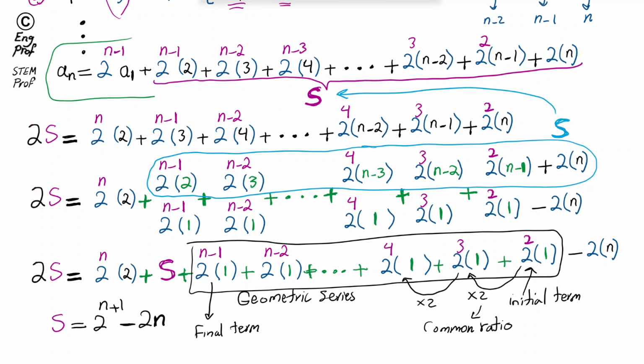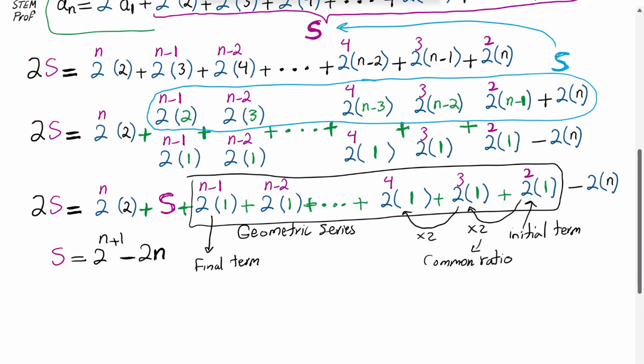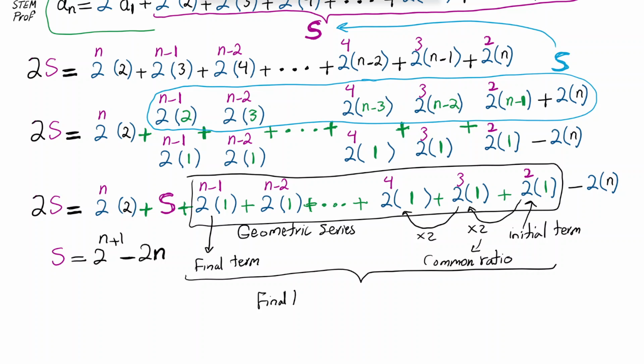Of this geometric series, we know that there is a famous simple formula to compute the equivalent value, which says it is the final term times the common ratio r, minus the initial term, divided by r minus 1.